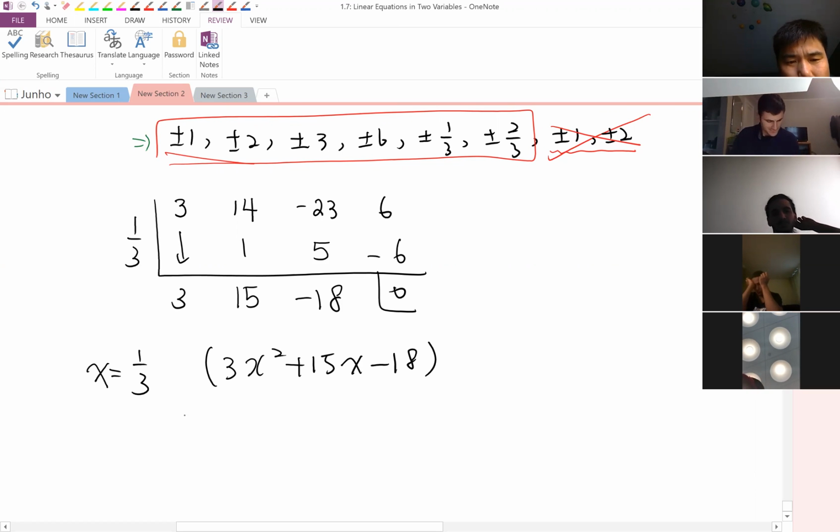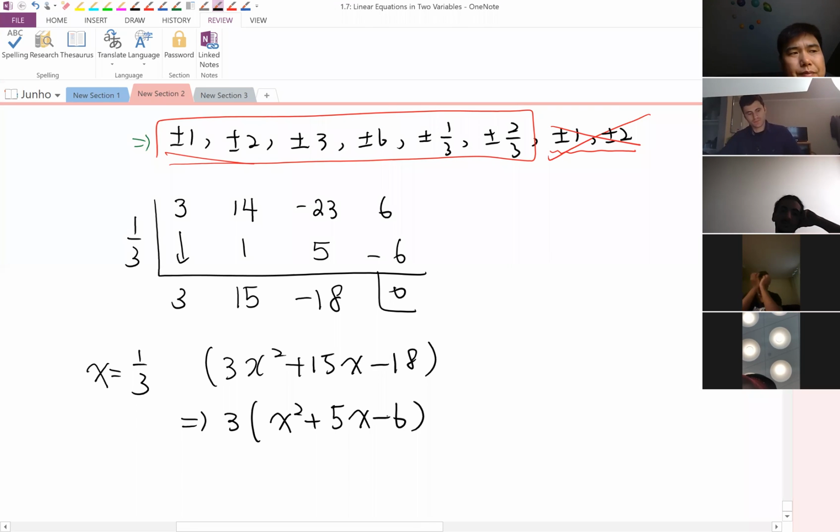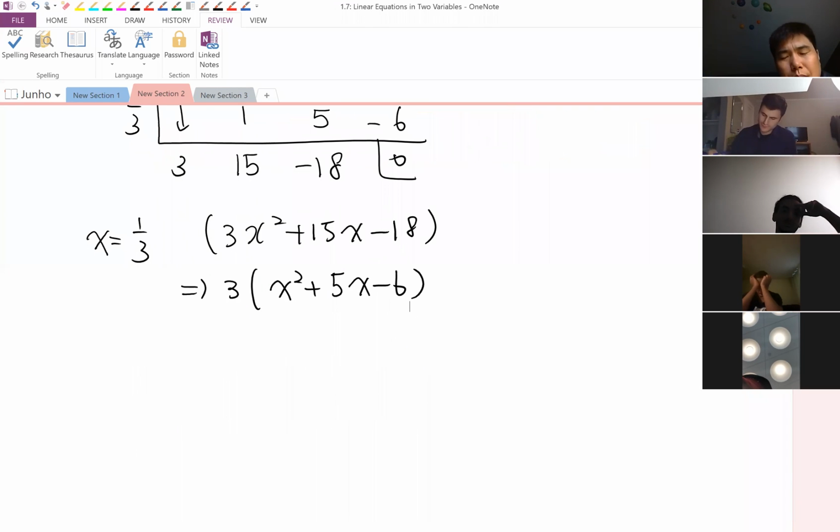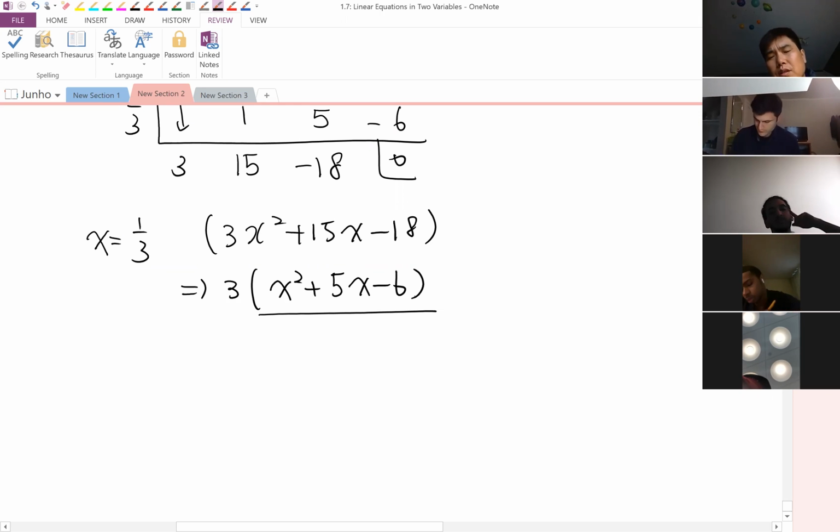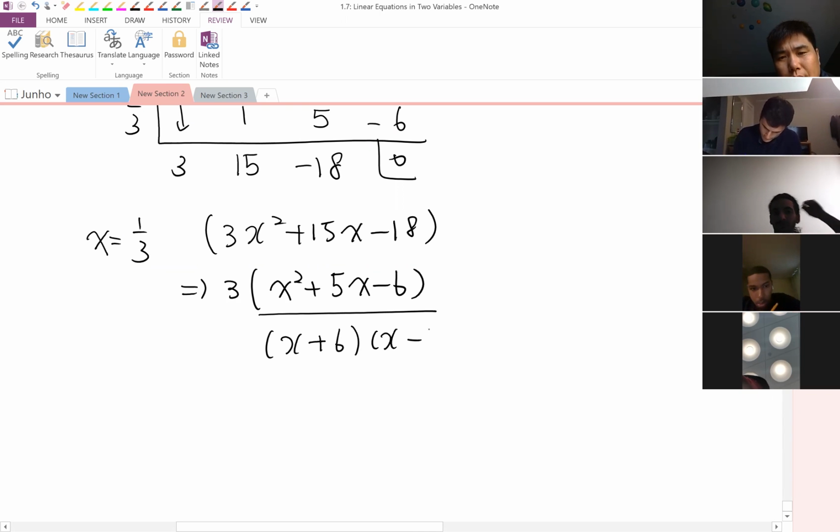Then we can do the common factor first, then x squared plus 5x minus 6. Please allow me to skip the step. If you don't know what to do, then you need to practice factoring more. So this comes out as x plus 6, x minus 1, basically.